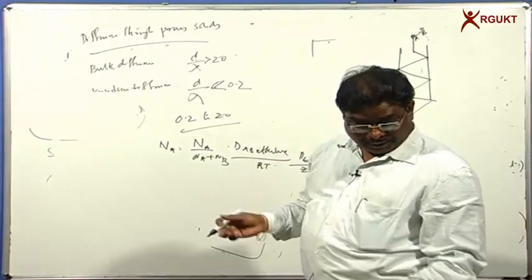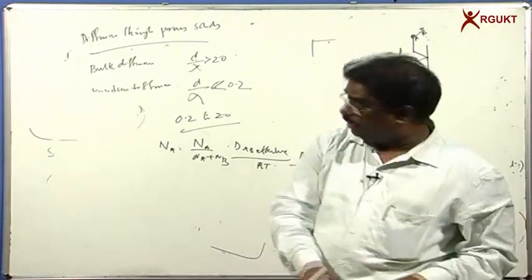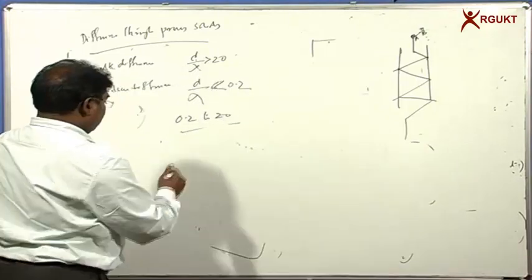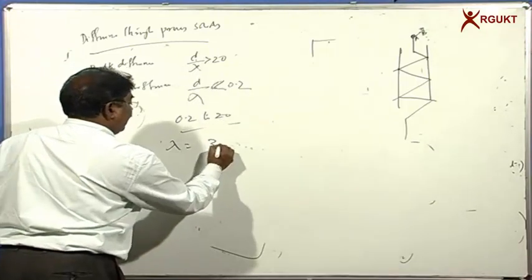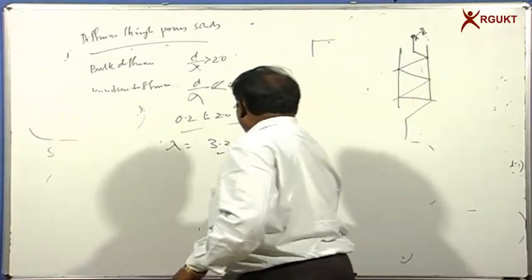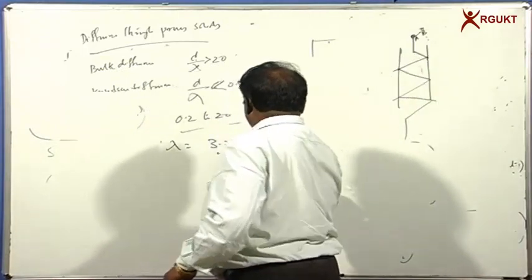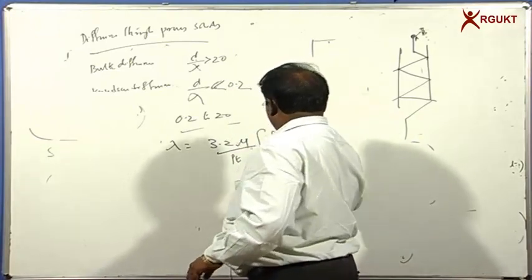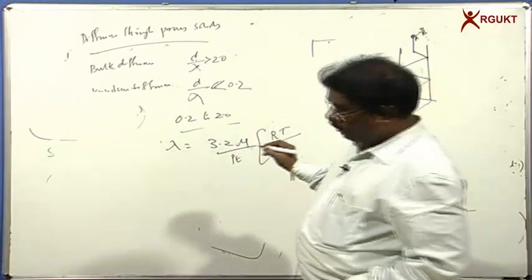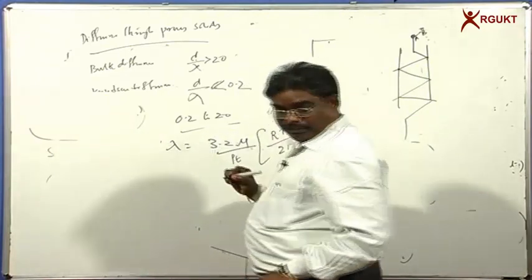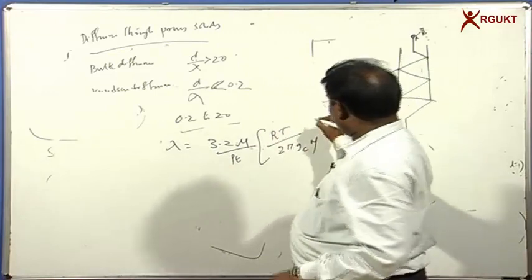And there are some expressions for the calculation of the d value and lambda value. This mean free path can be estimated as 3.2 mu divided by Pt into RT by 2 pi Gc into m to the power of 0.5.